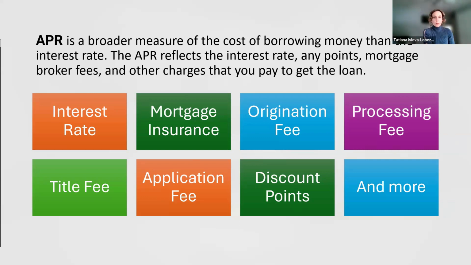They can see what fees some lenders have that are higher than others, but you still want to actually look at the actual breakdown, because APR includes title fees, right?